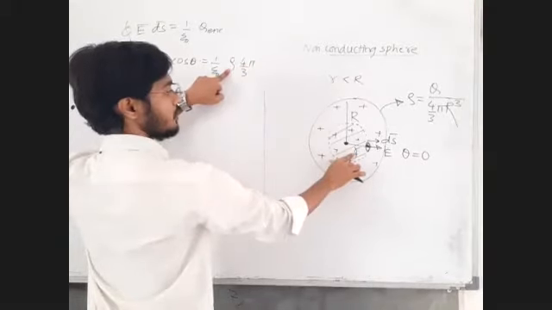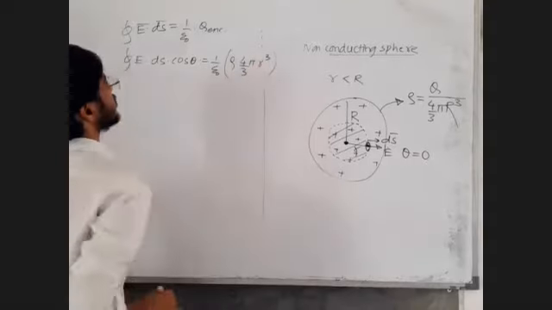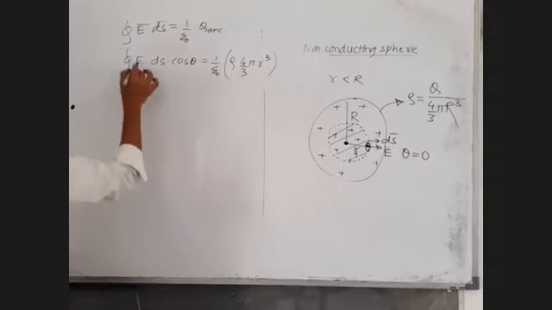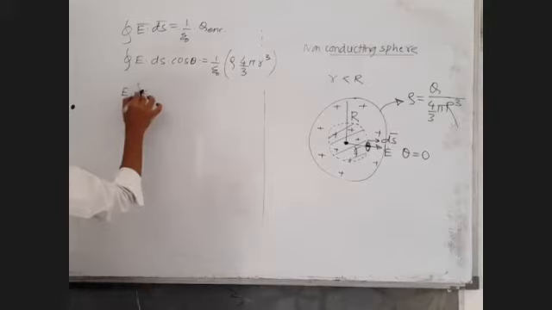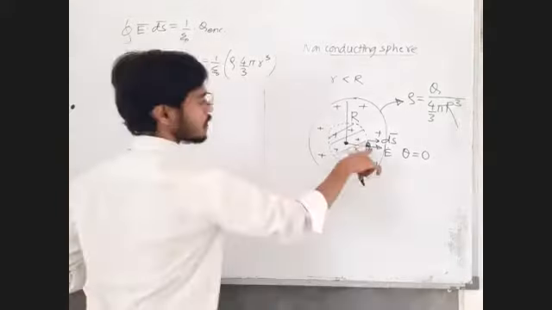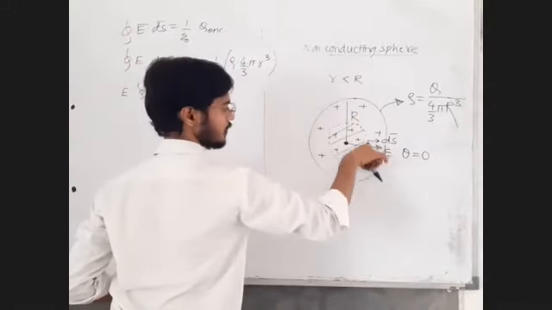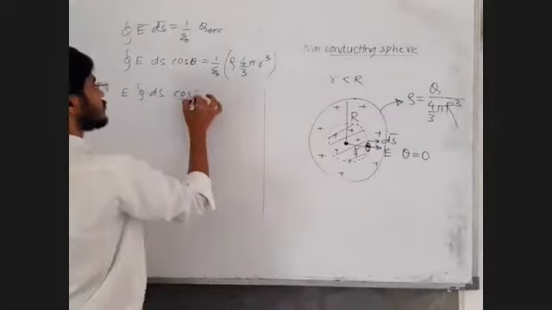Now it will be a small r. Try to get it. The electric field is constant, so it comes out of the integration, leaving closed integral ds. At each and every point on the Gaussian surface, the angle between the area vector and the electric field is 0.